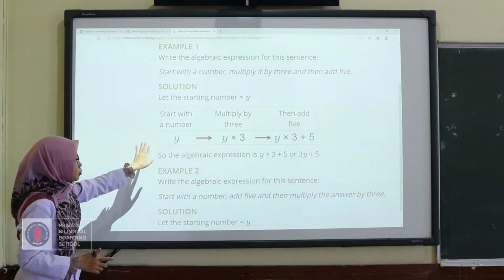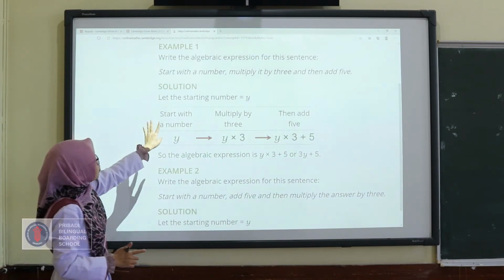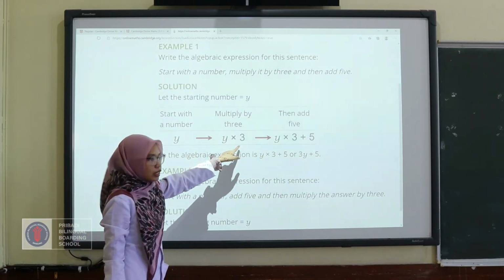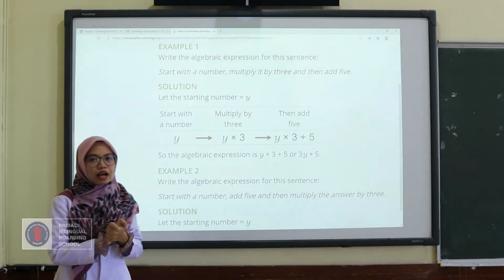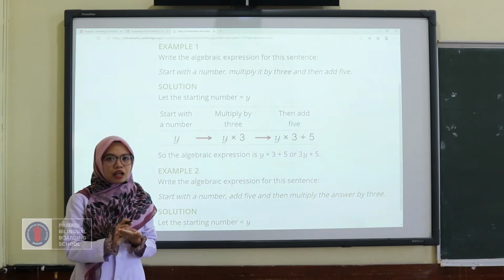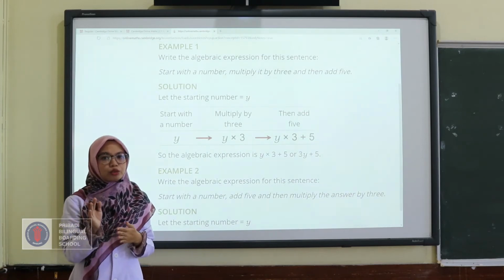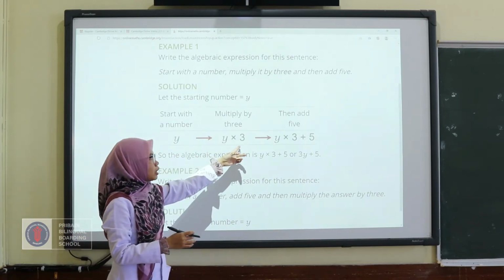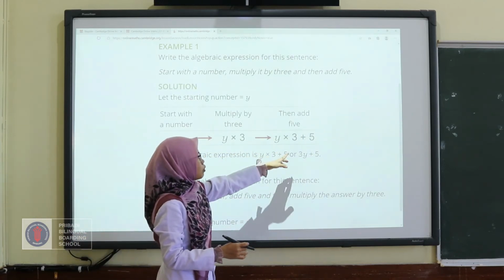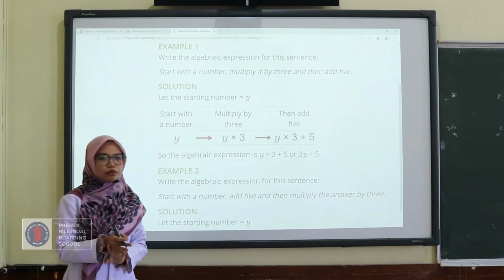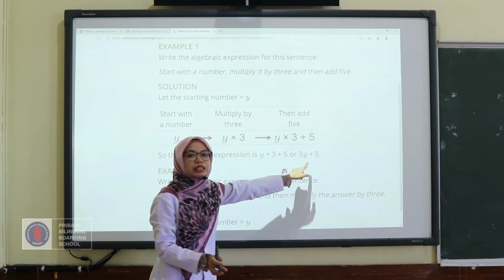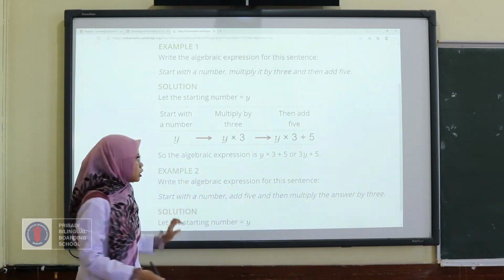So, y, and then multiply it by 3. So, y times 3. Don't forget, in algebra, y times 3 can be y3, but the number should be in front of the letter. So, it will be 3y here, and then add 5. At the end, you add 5. So, 3y plus 5. This is the simplest form of the answer.